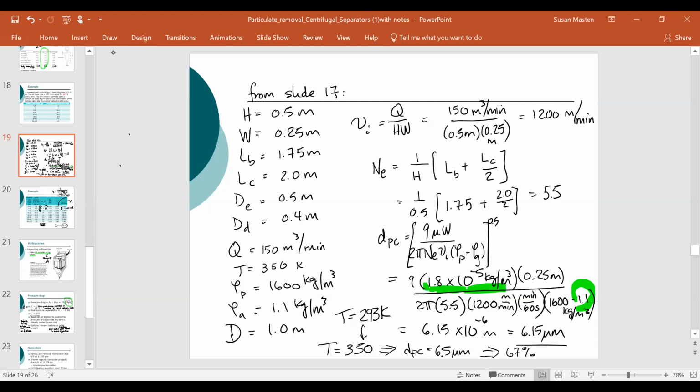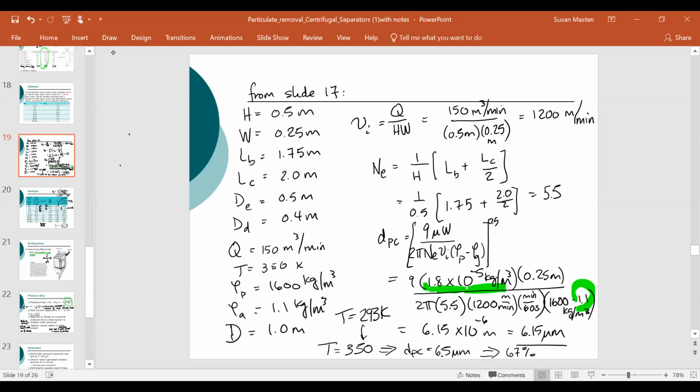So notice when the temperature increased from 293 to 350, that actually results in a larger cut diameter. So it means that our 50% removal occurs at a particle diameter of 6.5 microns rather than 6.1 as we had previously calculated, and the efficiency drops from about 69% down to 67%.